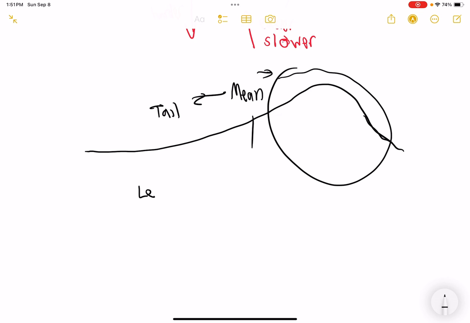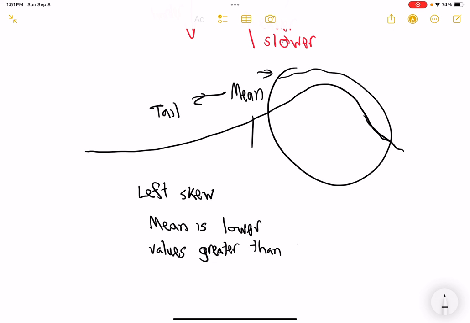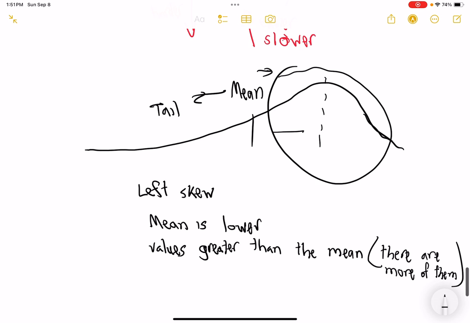Okay, so in a left skewed distribution, the mean is lower and values greater than the mean, there are more of them, I should say. Because remember, the median's in the middle, which means if the median's in the middle and the mean is skewing itself toward the left, then there are actually more data points above the mean than below the mean.